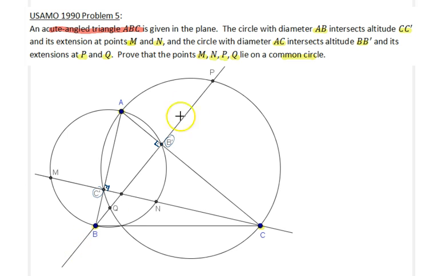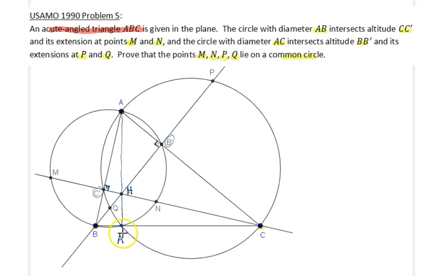Obviously the intersection between line BQ, or you would say BP, and CM, this intersection is the orthocenter, I should have said H, because CC prime and BB prime are altitudes. So as a result, this line here will have to go through that point.